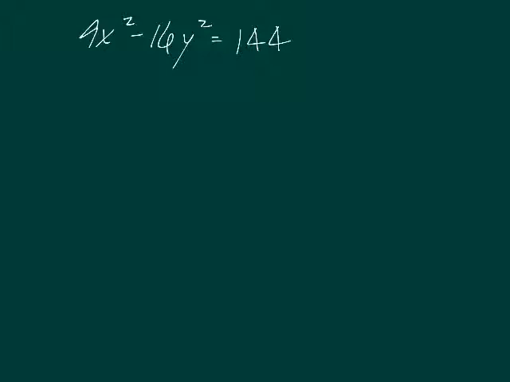One of them may be different than what the book does, but one of the first things that we have to do is get rid of the 144. In both of the equations for a hyperbola, that number after the equal sign, where the 144 is, must be 1. So we're going to divide each part of the hyperbola by 144.